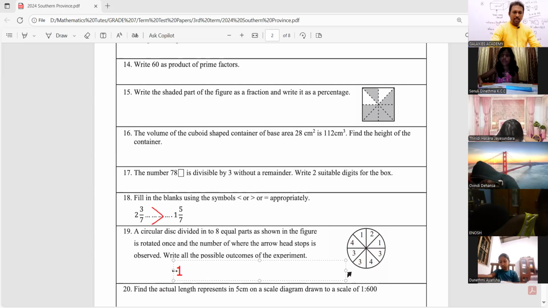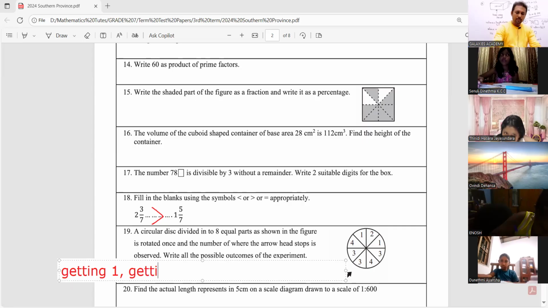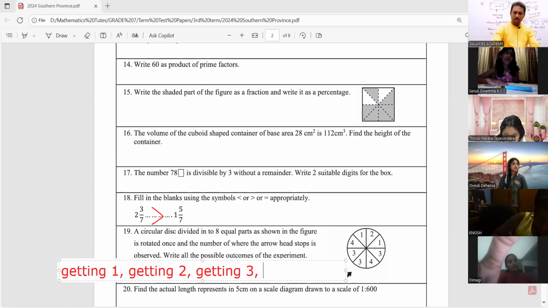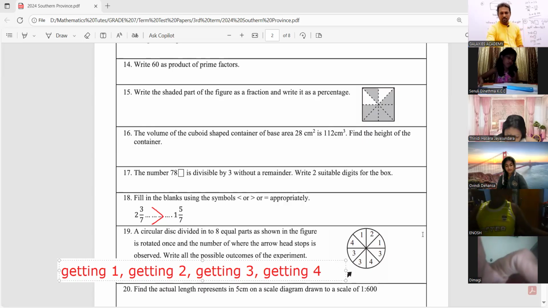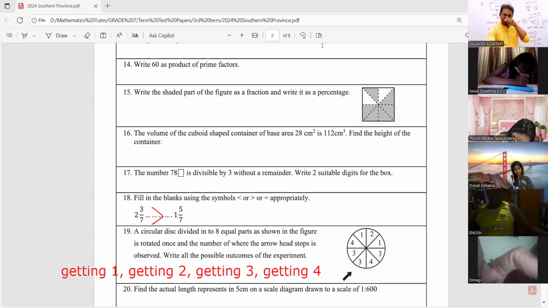Also, you can write like this, getting 1, getting 2, getting 3 and getting 4. Only these numbers we can see, no? So there are 4 types of outcomes that can be obtained.